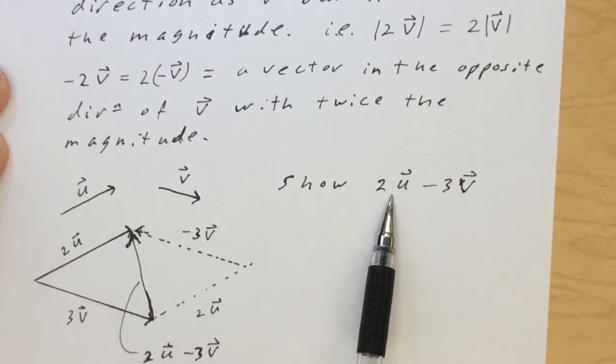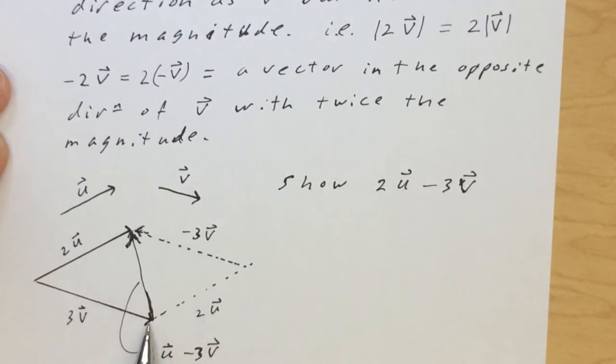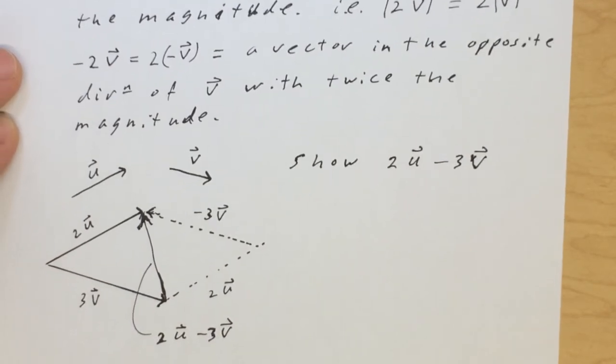I'm going to end my vector at 2u, and I'm going to start it at the end of 3v. So it's not addition. Addition would be right across from the starting point where these two vectors are connected to the opposite vertex. Here it's the other diagonal. Starting from the end of 3v, going to 2u is the resultant vector.